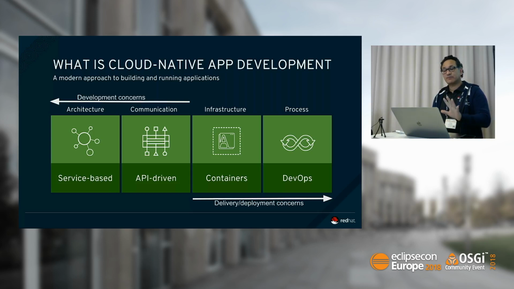If you look at these 4 squares or quadrants, the ones on the left, the architecture and communications related, are development concerns. This is what's going to help you develop business logic. And the ones on the right, the infrastructure and process, are the delivery and deployment related concerns.